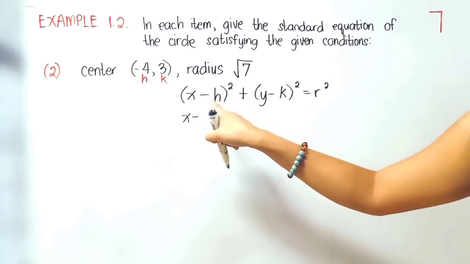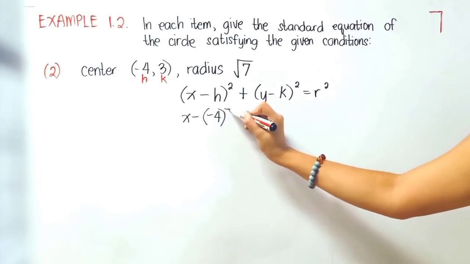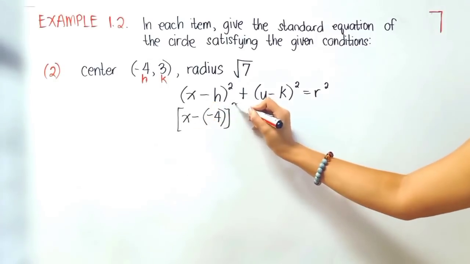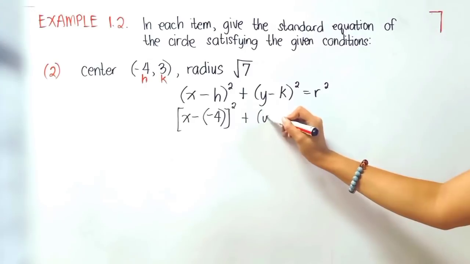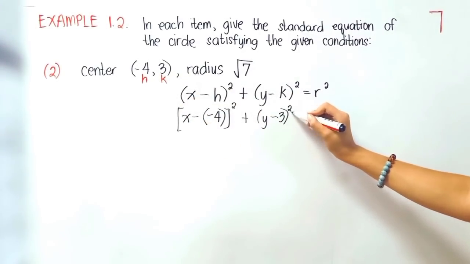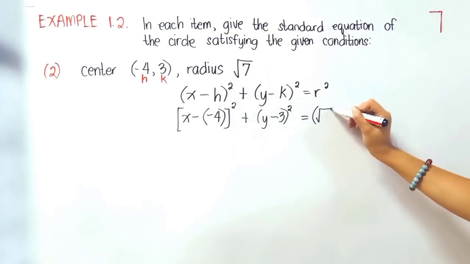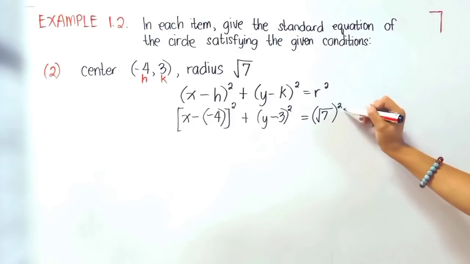X minus our h is negative 4, quantity squared plus y minus our k is 3 raised to 2 is equals to our radius, square root of 7 raised to 2.